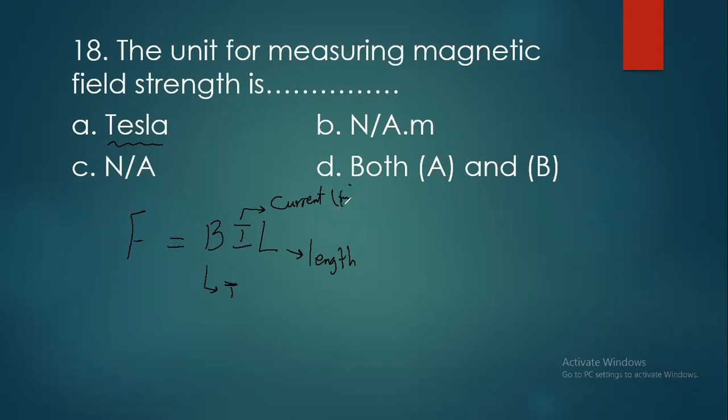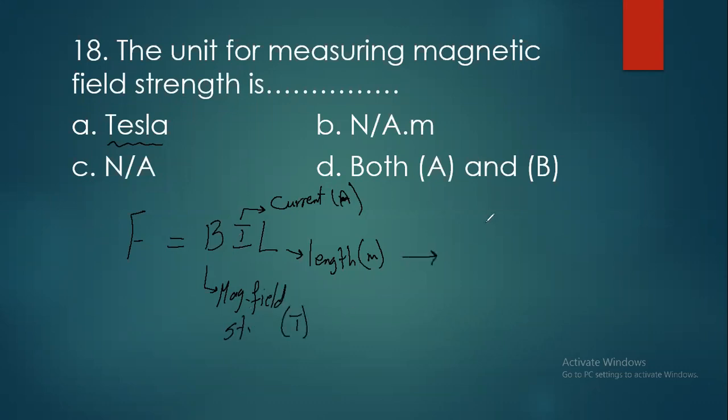I'm sorry, this is in ampere, sorry. And this is in meters. And this is the magnetic field strength. We can fix it now to make things clear, right? This is the magnetic field strength, and it's measured in Tesla.